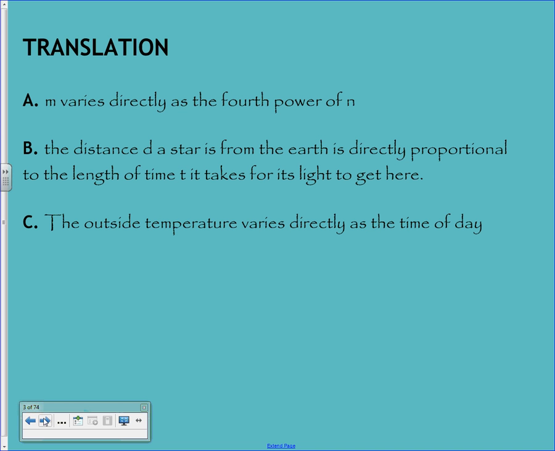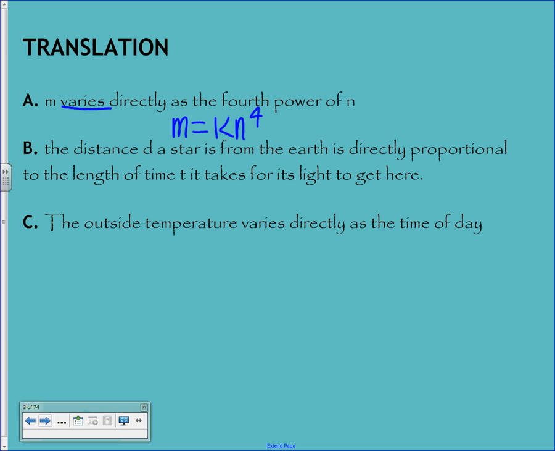So if we take a look at some of our first examples, we have m varies directly as the fourth power of n. You are going to write your equations just like you read it. So m varies directly. I'm going to say m equals, varies gives you the letter k, which is just our constant of variation, so any number, and then the fourth power of n, so n to the fourth.